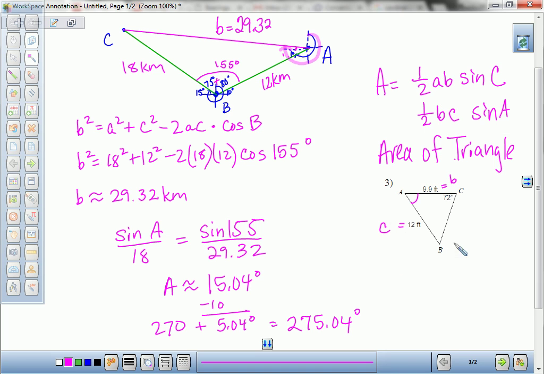What we need to do is find angle B first using law of sine. So we have sine of 72 over 12 is equal to sine of B over 9.9. And then we would cross multiply and we would solve for angle B. And what you're going to find is that angle B is approximately 51.68 degrees.